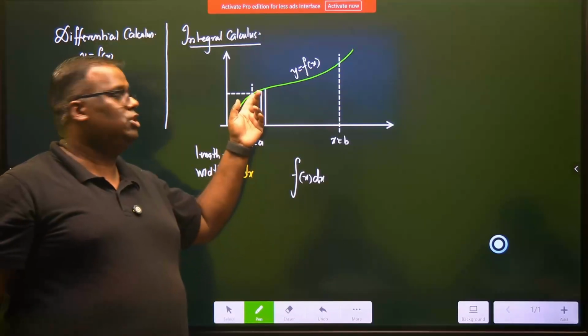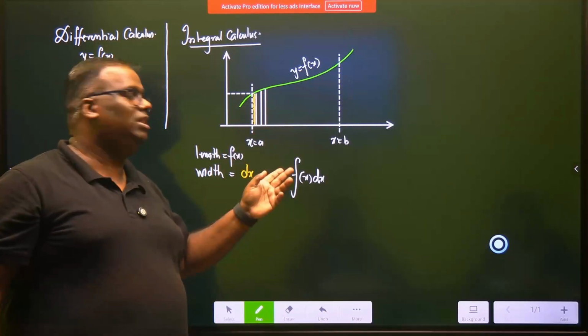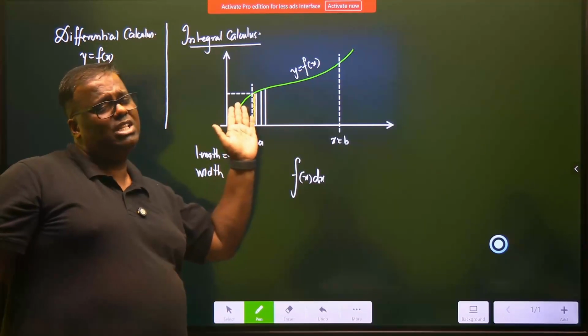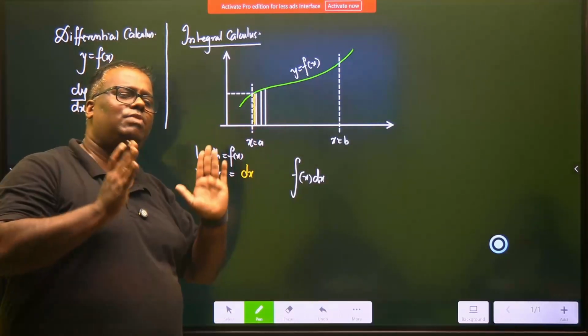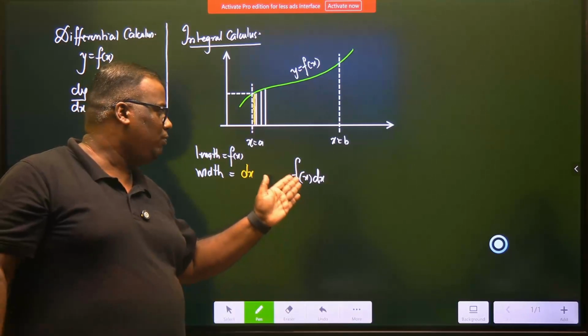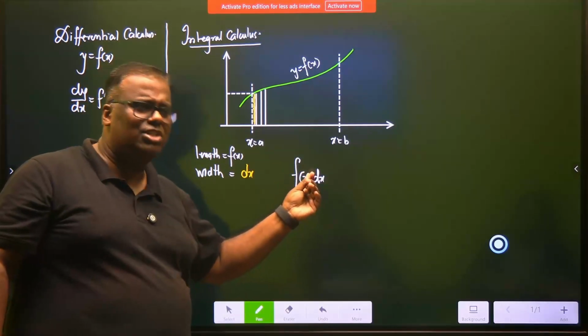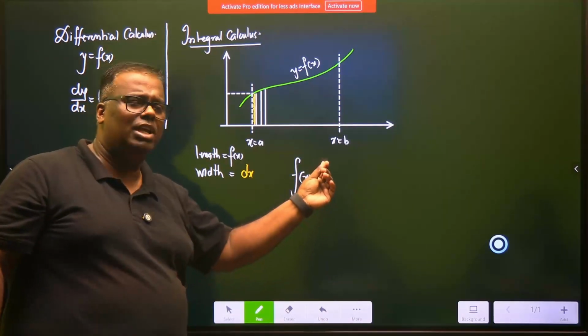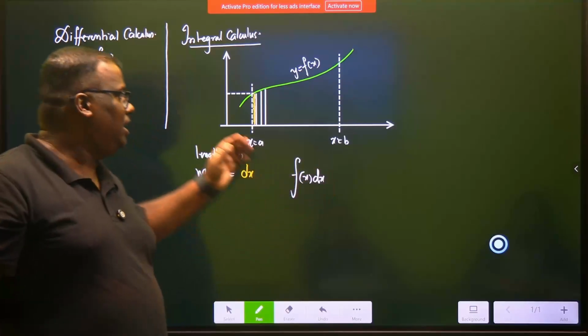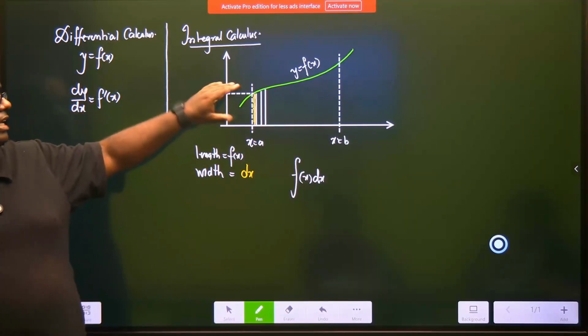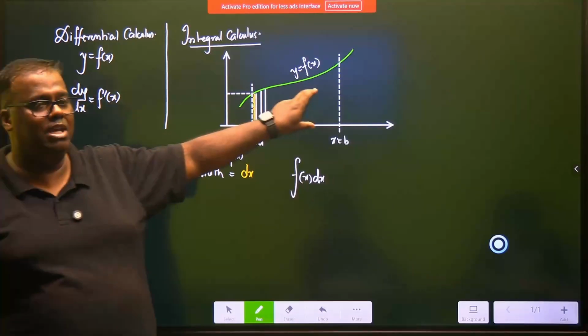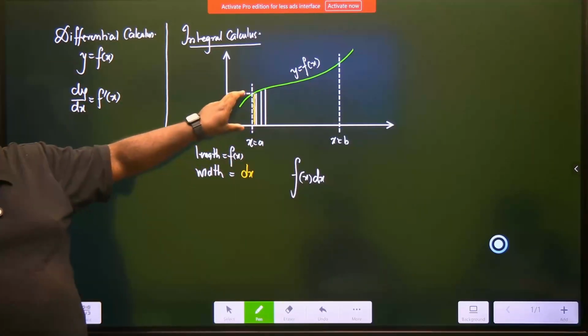Now if you look at the next one, there is f of x but a slightly more increment. If you make that very, very small, it is f of x plus small h, into dx. And we can't just add the areas of all the rectangles, because if you add them, you would be getting only this much area.